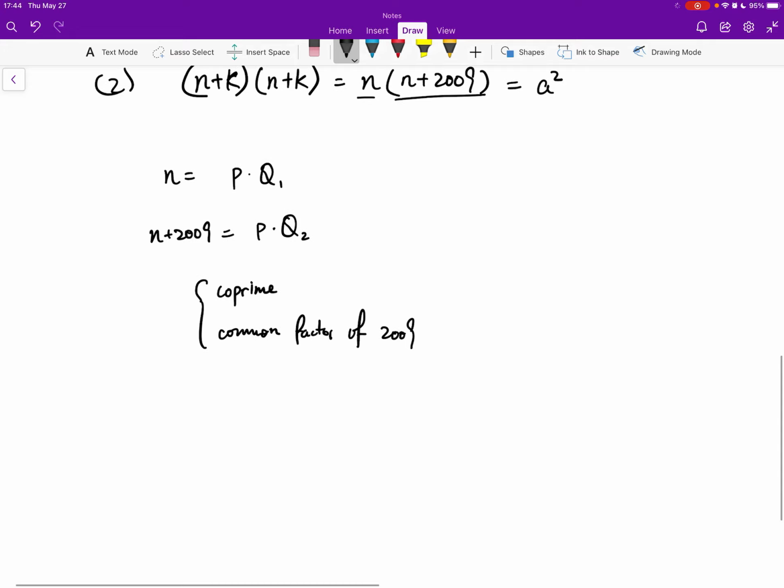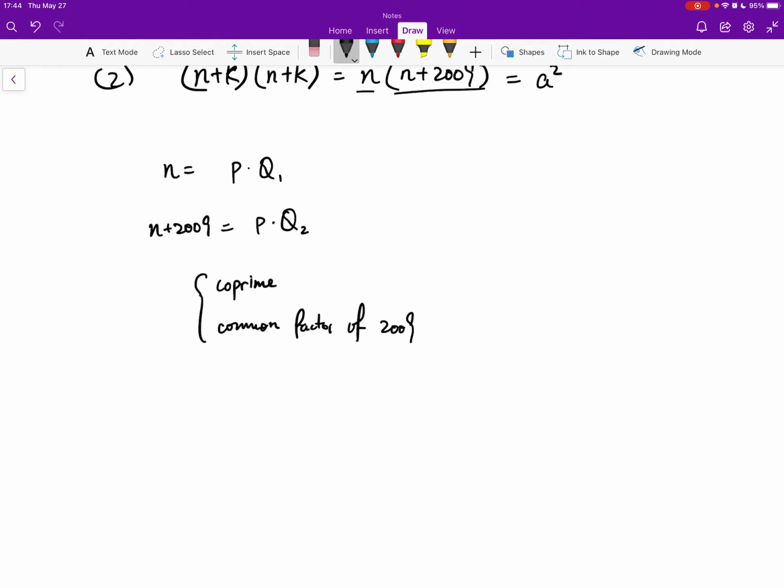Since p is a common factor of n and n plus 2009, n plus 2009 minus n, the second one minus the first one, is q2 minus q1 times p, which means 2009 equals some other quantity q3 times p.